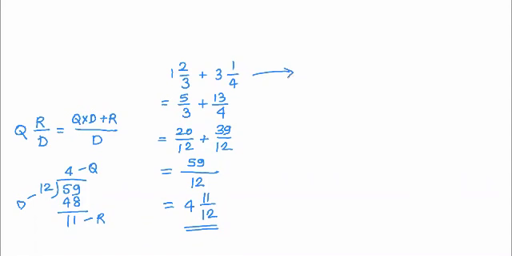So let's do the shortcut method here, where we add the whole numbers. So I can do 1 plus 3, the whole part of it, plus 2 upon 3 plus 1 upon 4. So that becomes equal to 4 plus 2 upon 3 plus 1 upon 4.